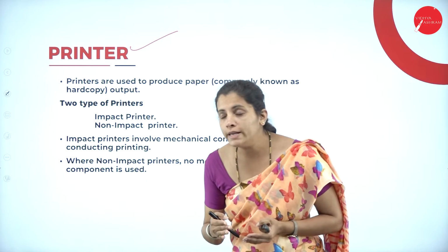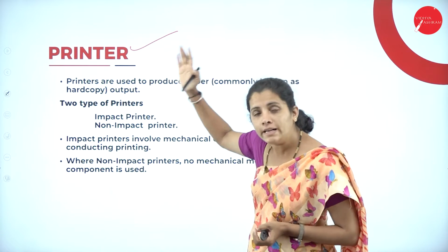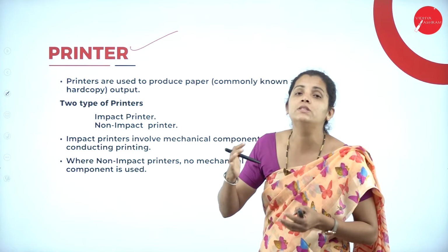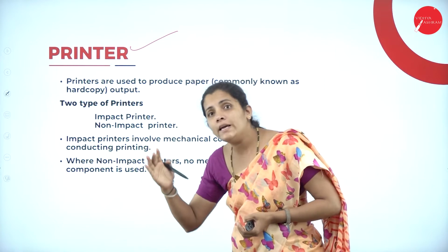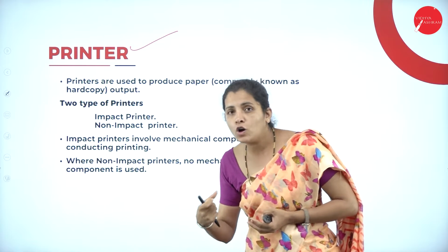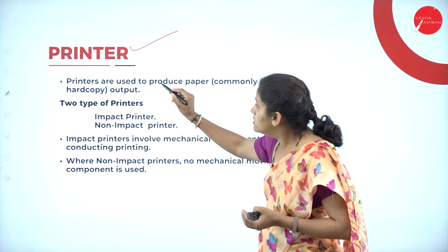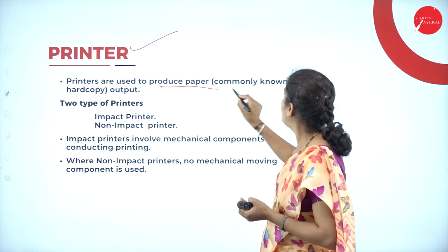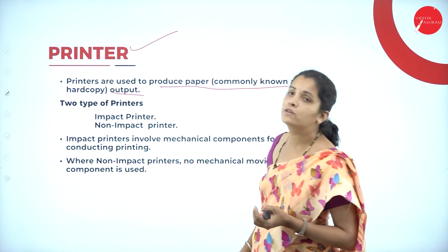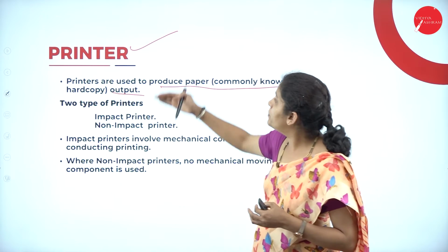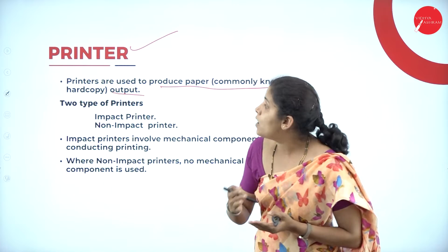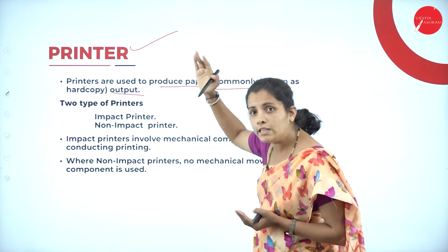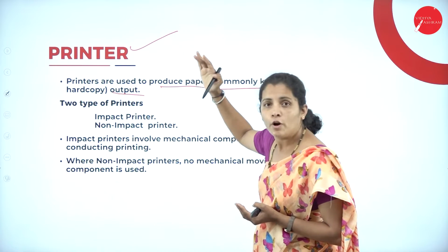As we know, printer is going to produce the output. The produced output may be in the form of hard copy. Here, hard copy means paper. The output we are going to get is produced in the form of paper.